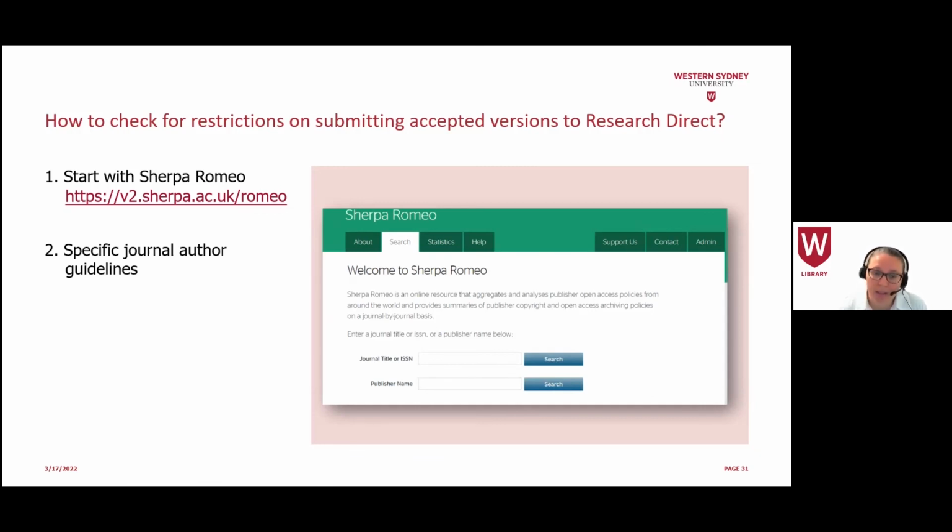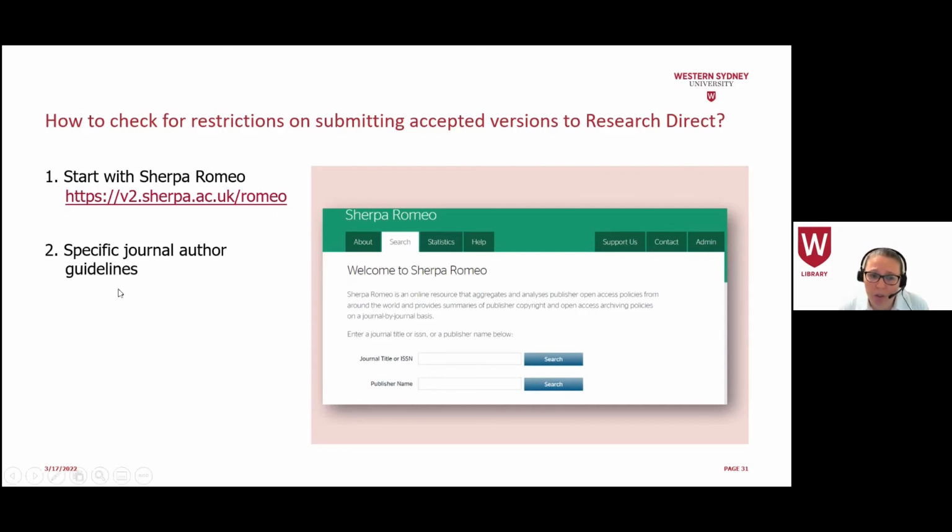Sometimes it's straight away, sometimes it's within 12 months. Not all journals necessarily allow an accepted version to be submitted, so it's part of your responsibilities to determine what the restrictions are on your paper and how it can be freely shared through open access versions.